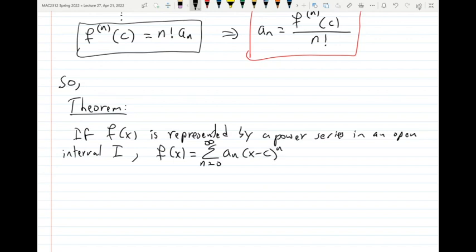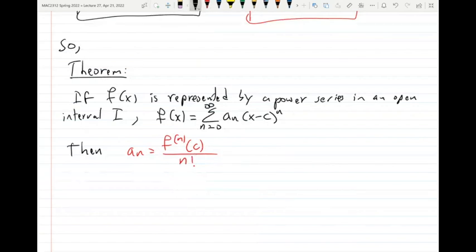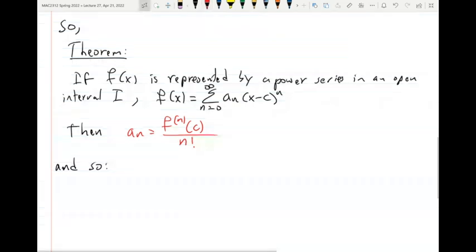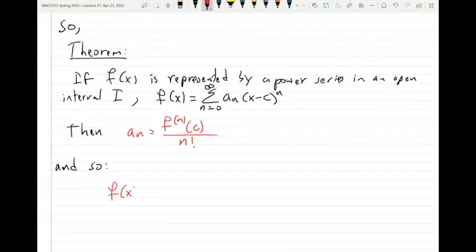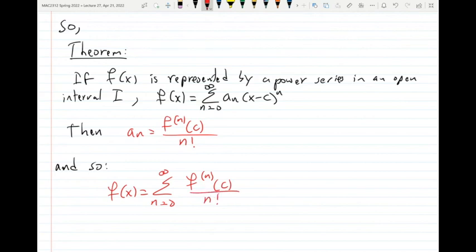Okay, then we just saw that the coefficient has the form the nth derivative of the function evaluated at the center divided by n factorial. And so we can write that f of x equals sum from 0 to infinity. Now instead of an, we can now be more specific. This is the nth derivative evaluated at the center over n factorial times x minus c to the n.